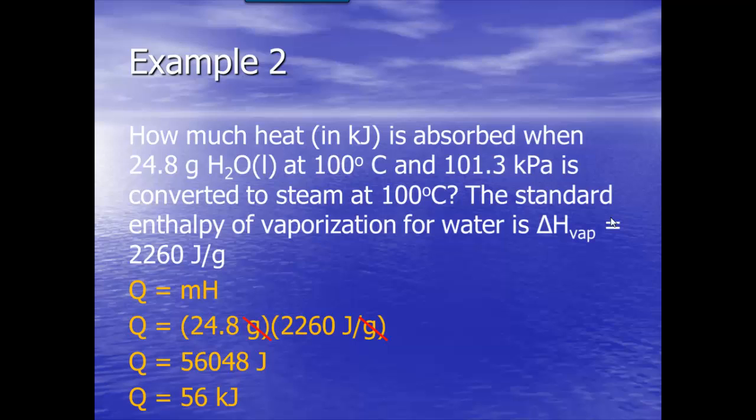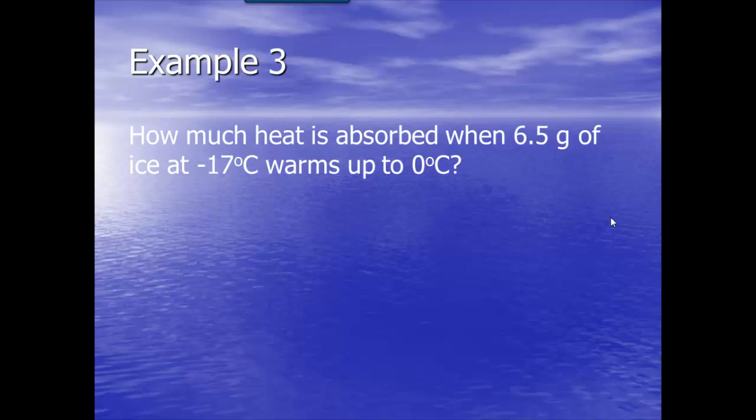And finally, how much heat is absorbed when 6.5 grams of ice at negative 17 degrees warms up to 0 degrees? Now here I have those two different temperatures. So I think for this problem I should be able to use Q equals Cm delta T. So let's get ready to substitute values. What is the specific heat here that I want to use?